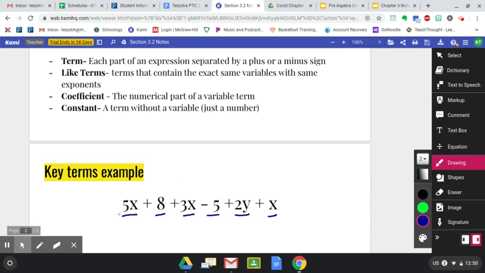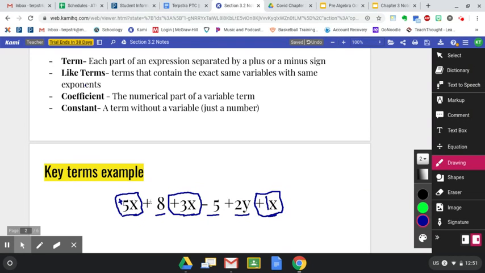So if I look at this positive 5x, they don't write the positive there, we just assume or understand it to be a positive 5x. This term here is a positive 3x. And even though there's no coefficient written, it's understood to be a 1. There's a positive 1x.